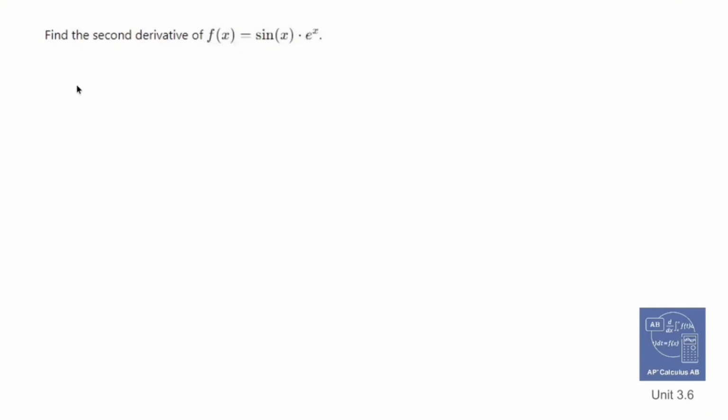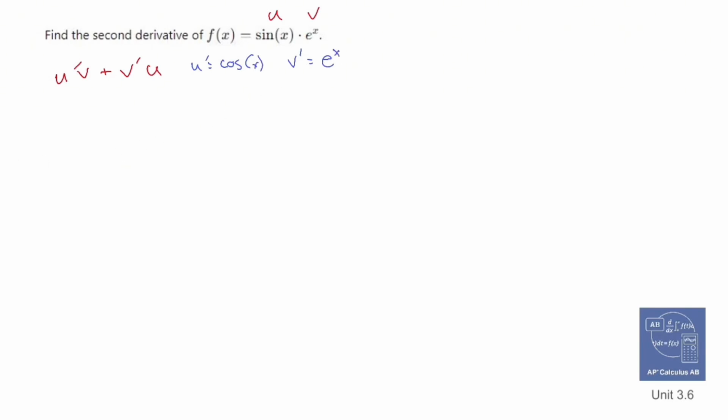All right, so the first derivative is going to require product rule. So if you remember, product rule is u prime v plus v prime u. And so if I'm looking at this guy right here, u prime is going to be the derivative of sine x, which is just cos x. And v prime is going to be the derivative of e to the x, which is also e to the x. How nice.